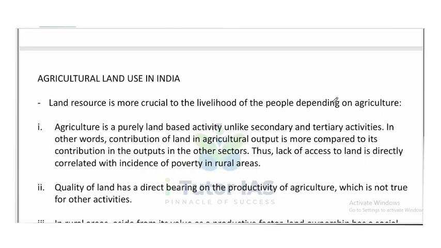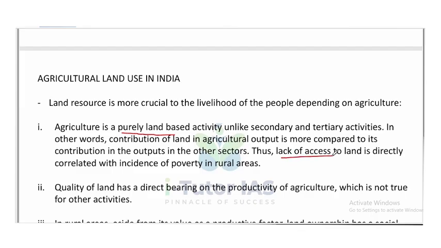Land resources are more crucial to the livelihood of the people depending on agriculture. Agriculture is a purely land-based activity, unlike secondary and tertiary activities. In other words, the contribution of land in agriculture output is more compared to its contribution in the outputs of the other sectors.